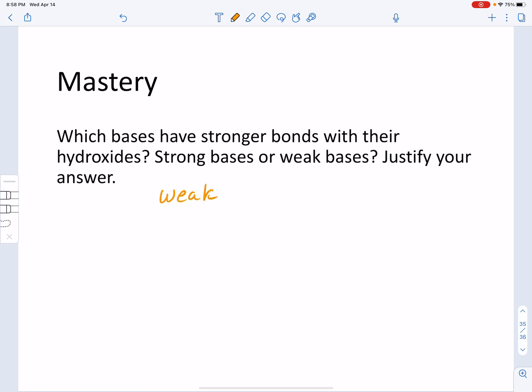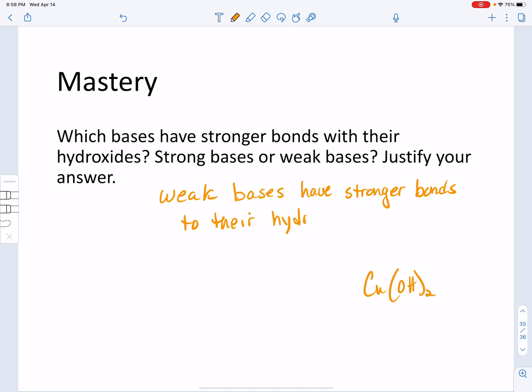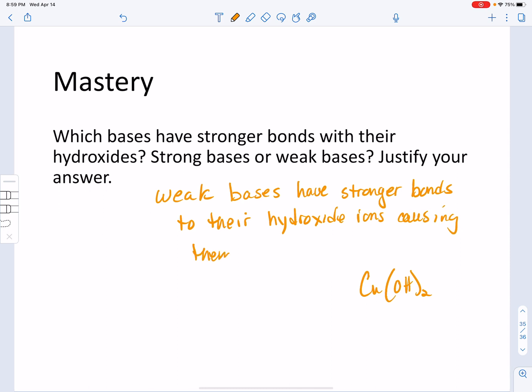So our weak bases such as copper hydroxide have stronger bonds to their hydroxide ions, causing them to dissociate partially.